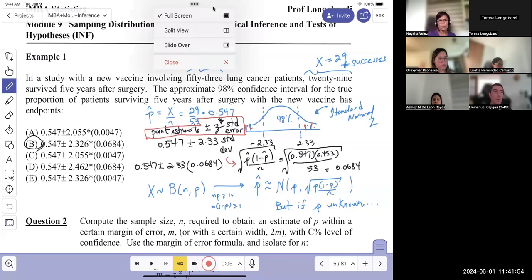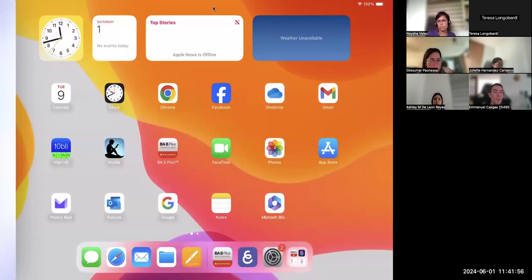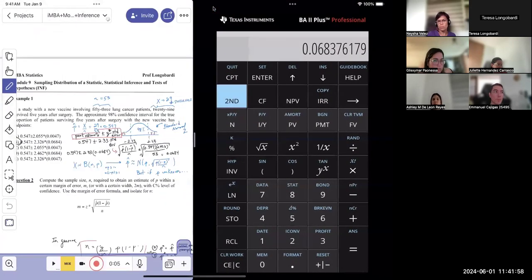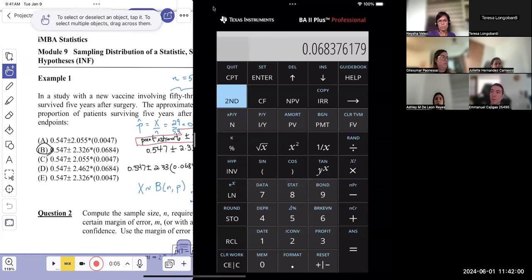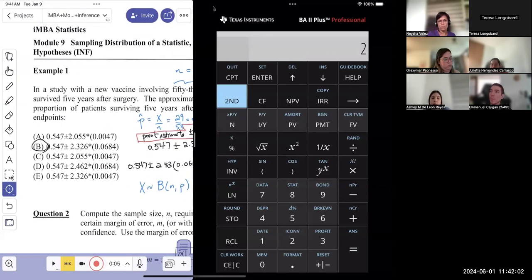So you're going to multiply 2.326 times 0.0684 equals 0.159, and now you're going to add and subtract 0.159 from 0.547.